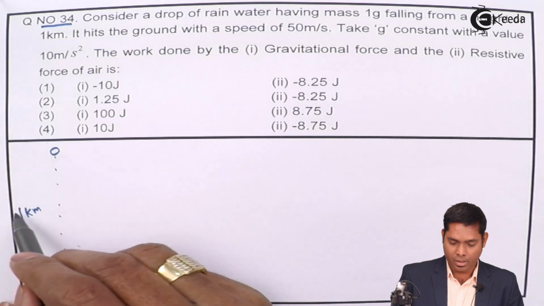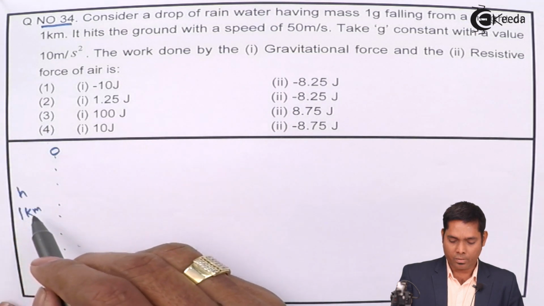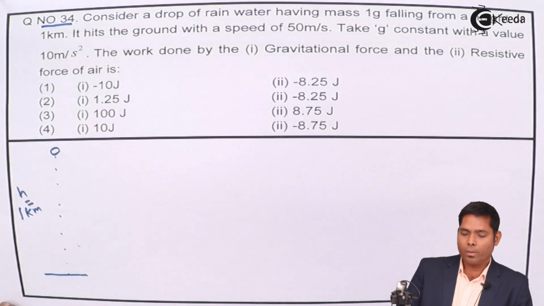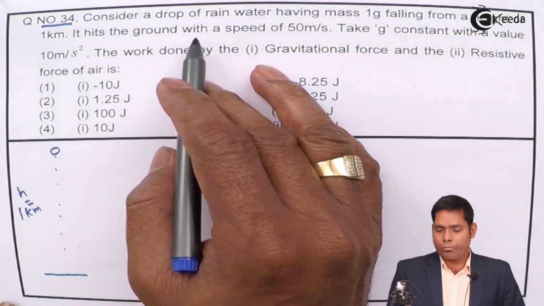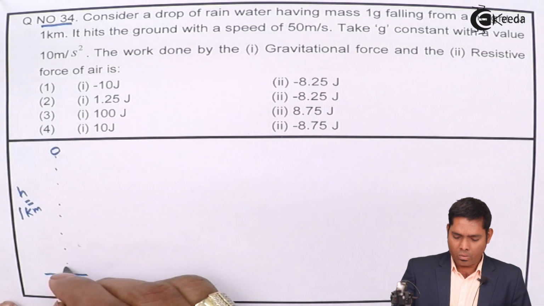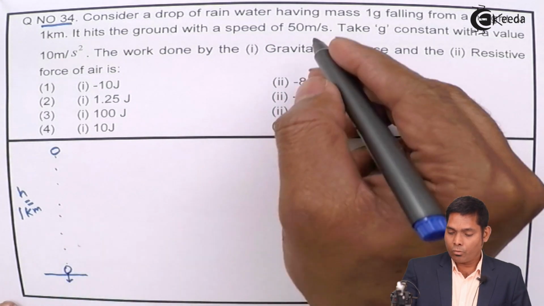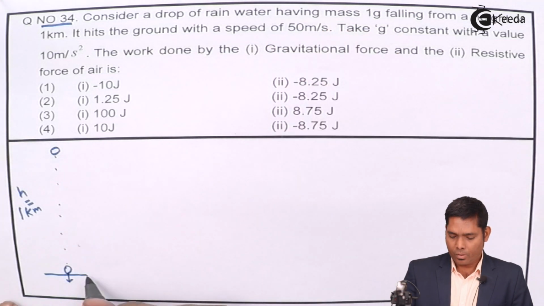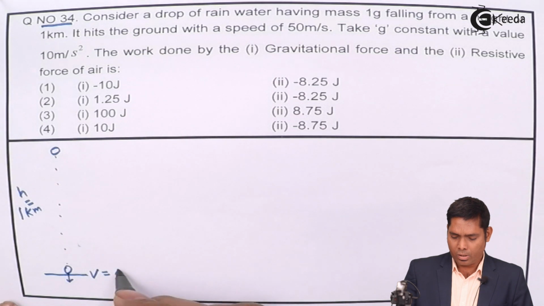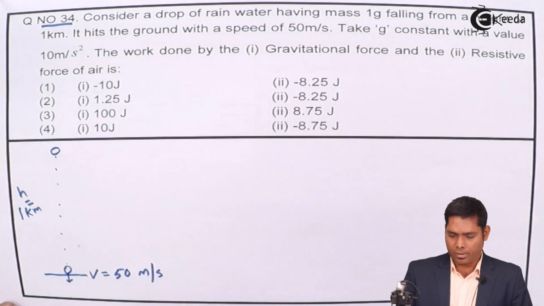This is a height h. It hits the ground with a speed of 50 meters per second. So velocity when it hits the ground is 50 meters per second.